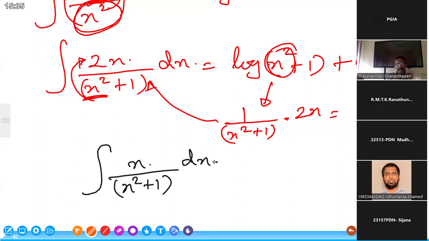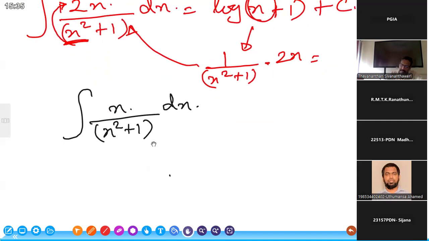What is the derivative of the denominator? It is 2x. So is there 2x in the numerator? No. So how do we handle this kind of case? It has to be 2x, but only x is there.